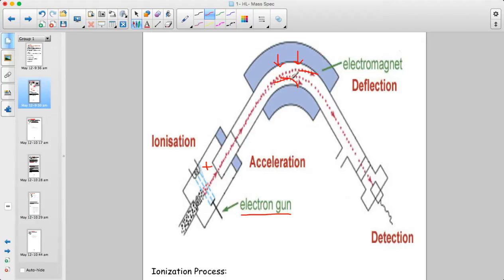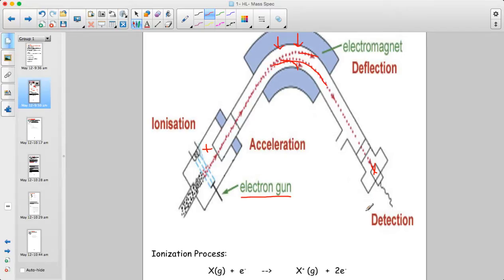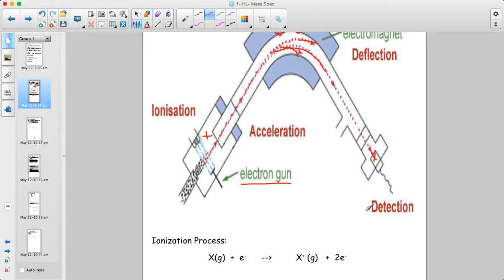But the electromagnet can be adjusted until the particles are deflected just right, that they end up making it down this next chamber and hitting a detector screen. So based on where exactly they hit on the detector screen, both their mass and their charge, or at least a mass to charge ratio, can be determined.